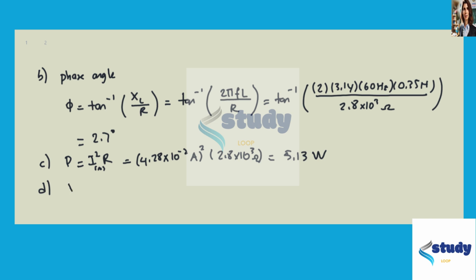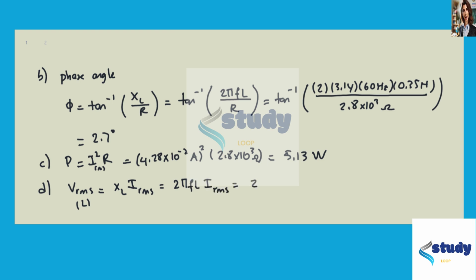So let's start with the inductor, right? That's going to be equal to the inductive reactance times the RMS current. And again, let's plug in for the inductive reactance 2 pi f L times I RMS.